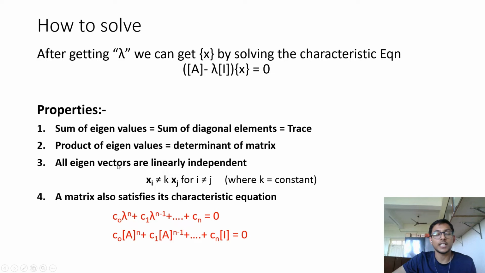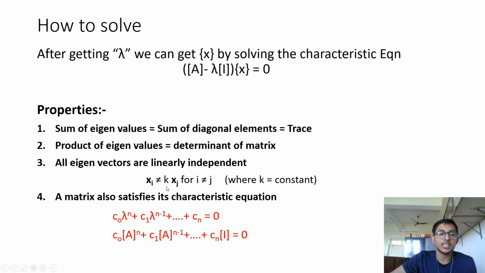All eigenvectors are linearly independent. So if you have an eigenvector, you cannot express it as a scalar multiple of any other eigenvector of the same matrix. Simply writing, xi cannot be equal to k xj for i not equal to j.